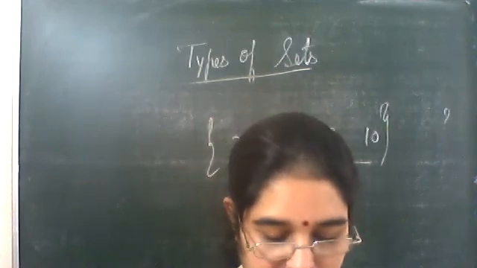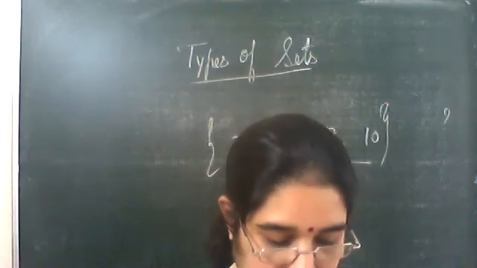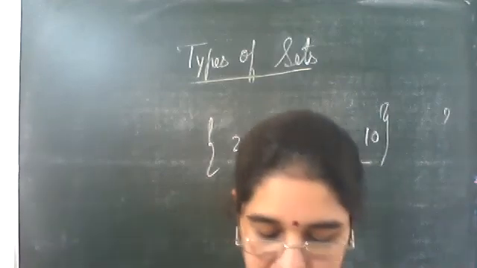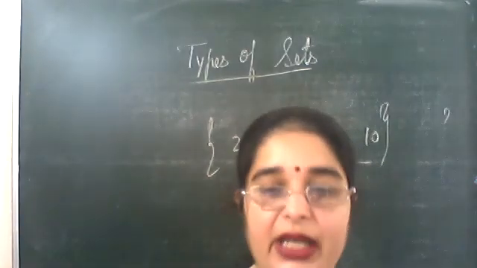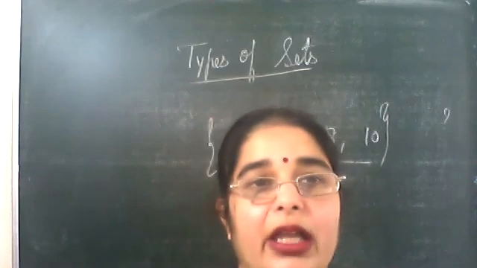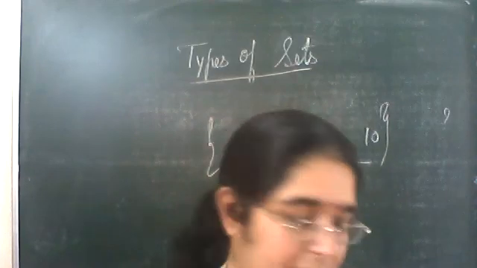Yes, unmute yourself. Ma'am, A is not equal to B. Why? Reason. Because 15 and 25 are not multiples of 10. Yeah, very good.